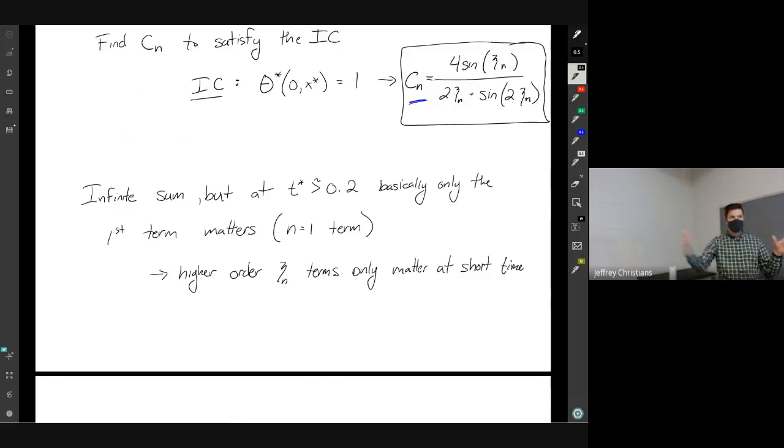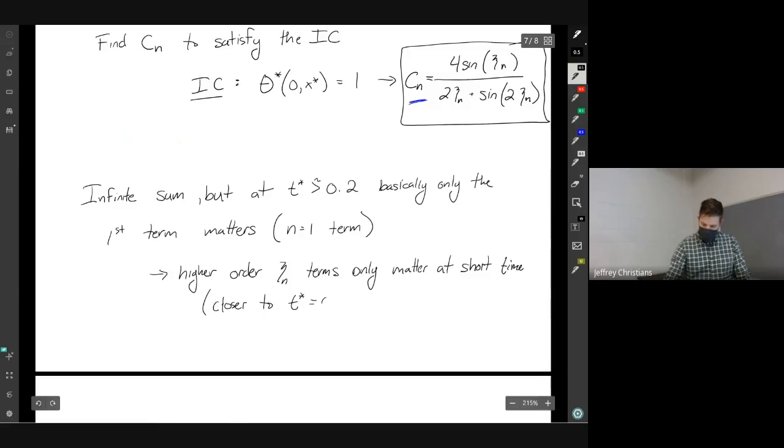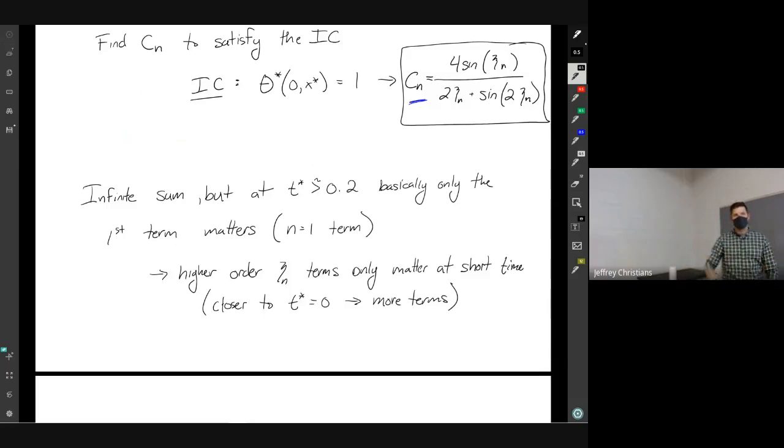So basically, the closer you get to time 0, the more terms you need. Okay, but if we're a little ways away from time 0, then we can start dropping off terms, and we don't have to care that it's really an infinite sum.